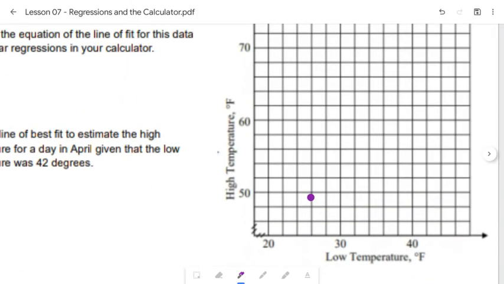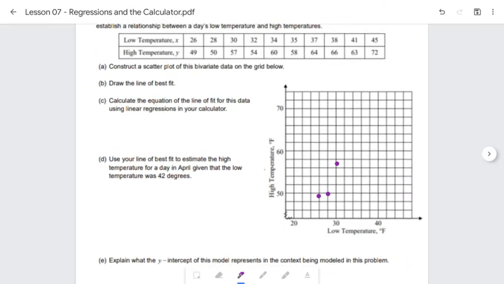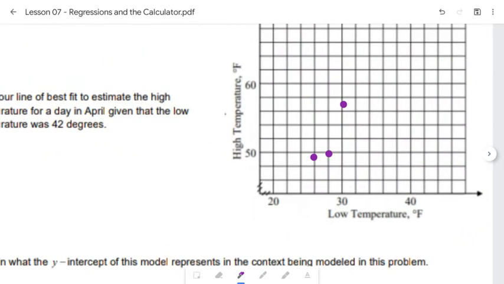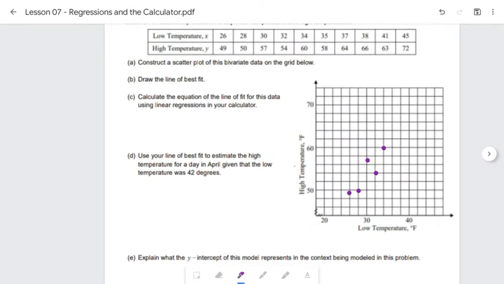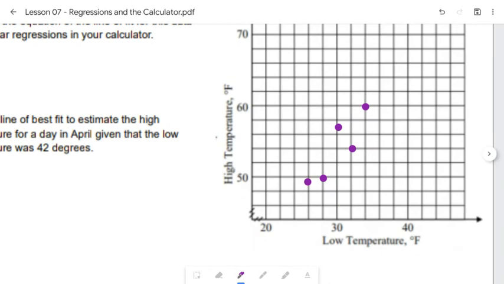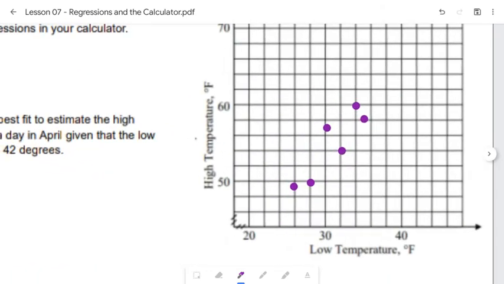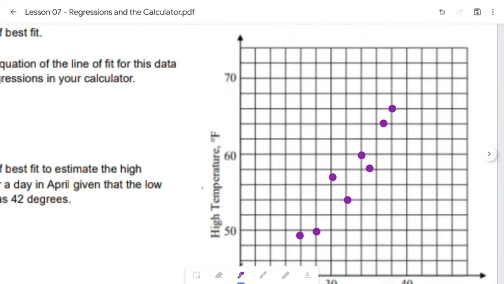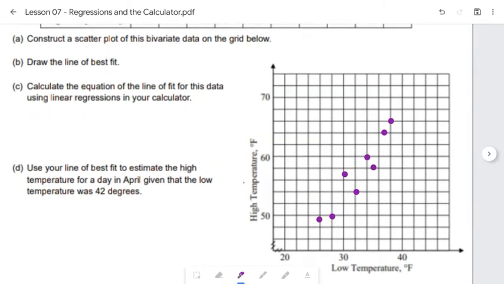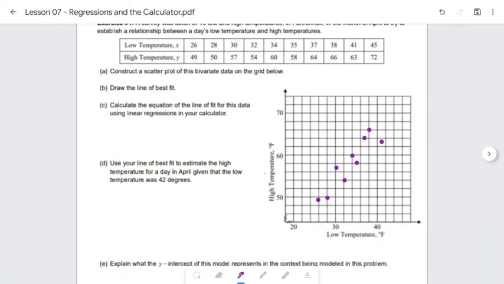Then 28 and 50. 30 and 57. 32 and 54. 34 and 60. 35 and 58. 37 and 64. 38 and 66. 41 and 63. And 45 and 72.